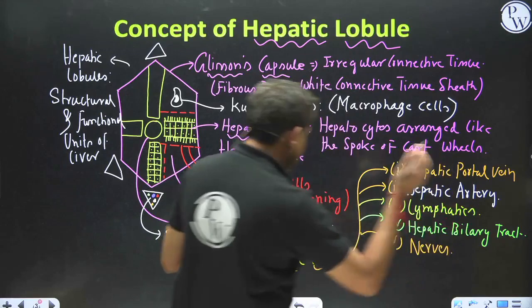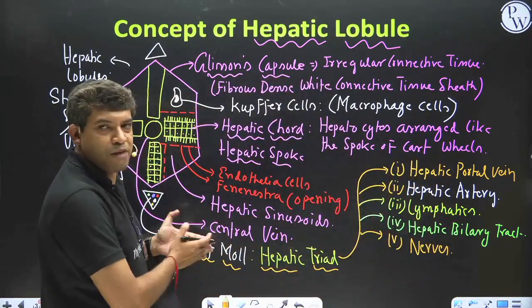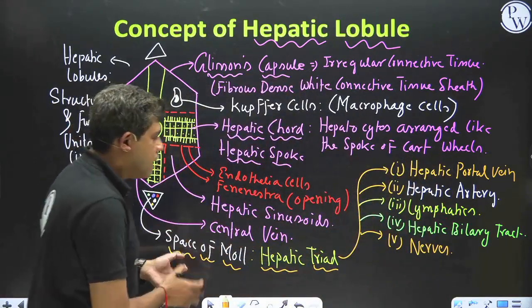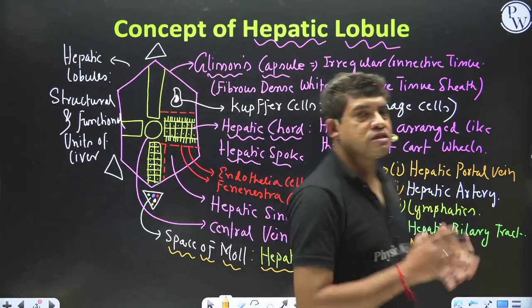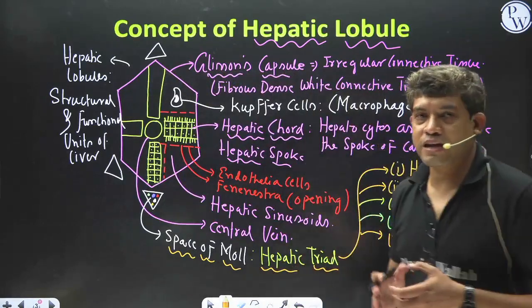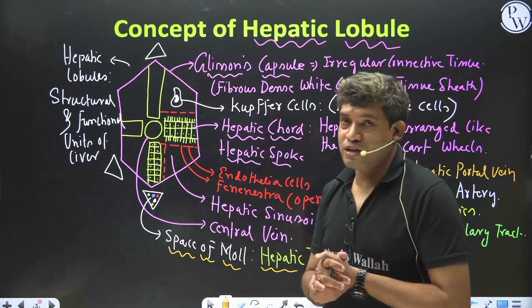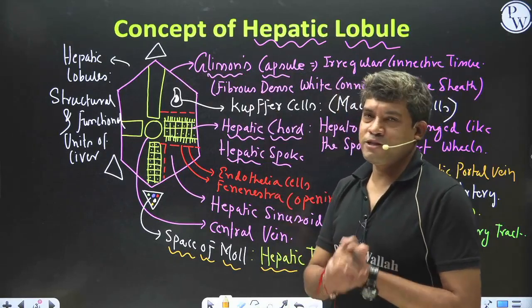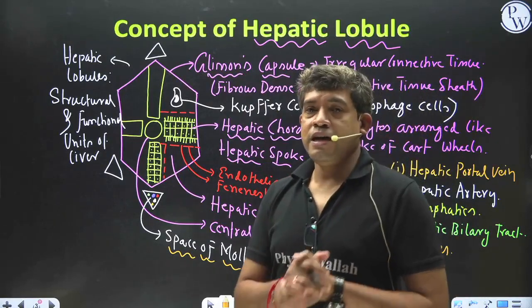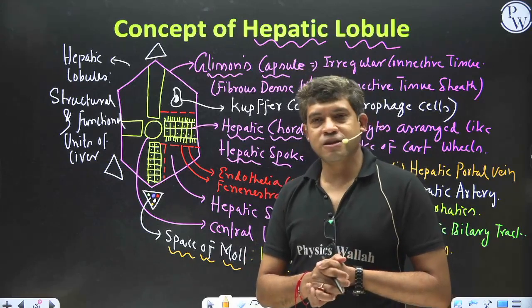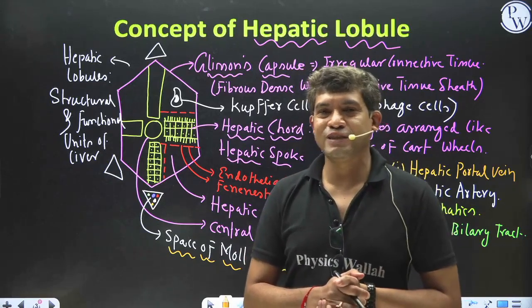So this is associated with the space of Mall, and ultimately this is how the whole structure looks. It is an important concept for NEET UG, the hepatic lobule. This is a structural as well as a functional unit of the liver.